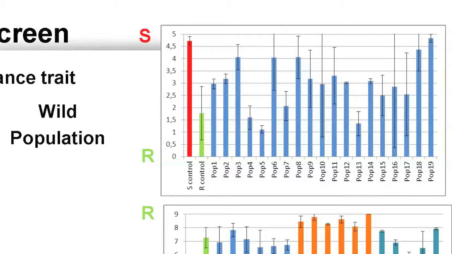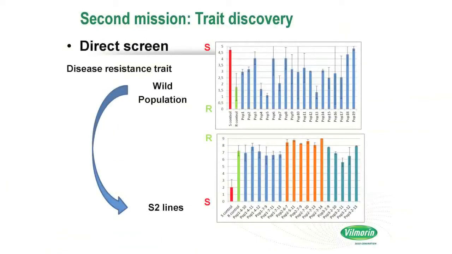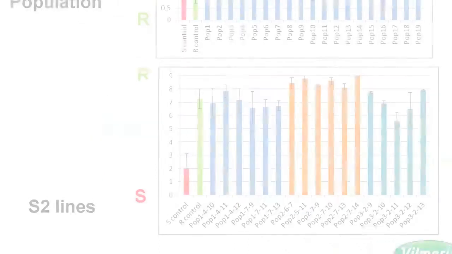So what you do is pick out the best individuals, inbreed them and validate until the S2 stage. And what we have done then is confirm the resistance we have obtained. Watch out, in the last results, the pathology teams decided to reverse the scale. So now the higher it is, the more resistant it is.